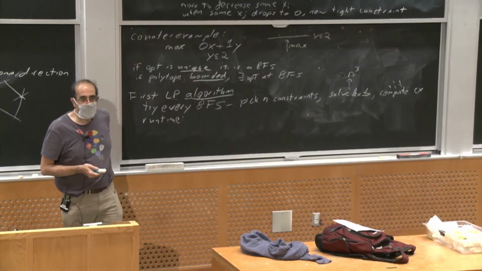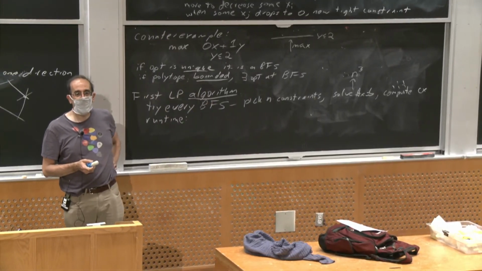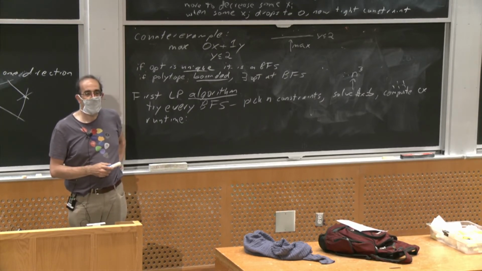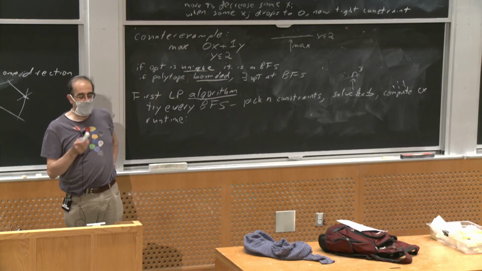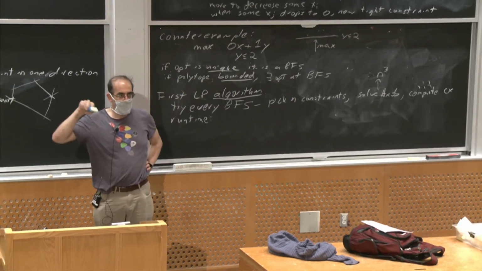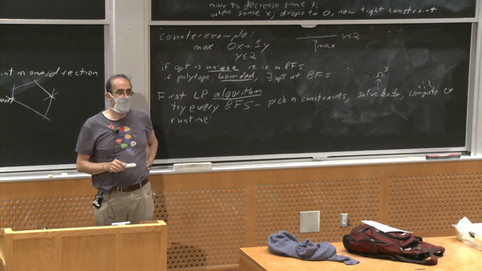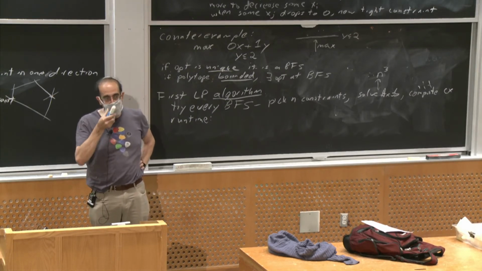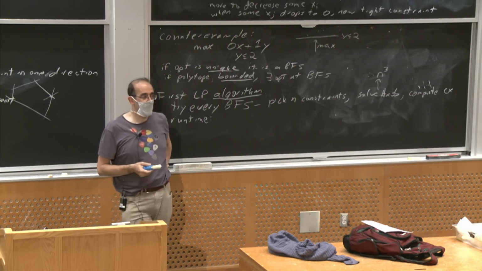Yeah? Oh, go ahead. How many constraints are you allowed to have? Just generally as many as you want? In a linear program, again, I said that n is the dimension, and we're going to use m for the number of constraints. And that's arbitrary, right? You can write down as many linear constraints as you want, and you get a linear program.